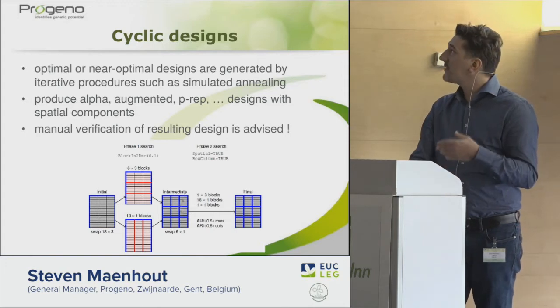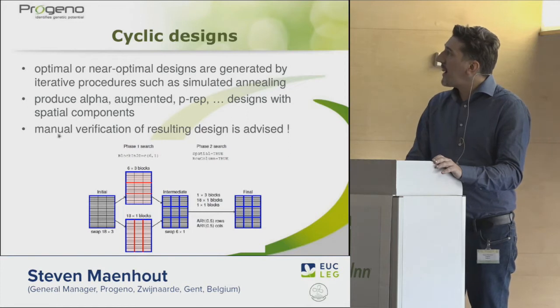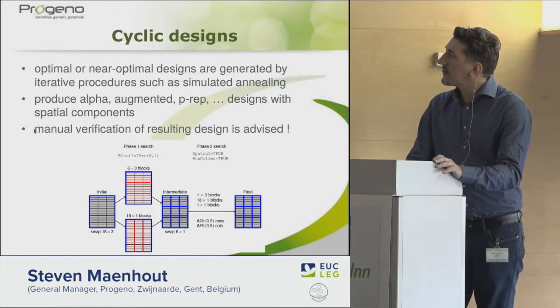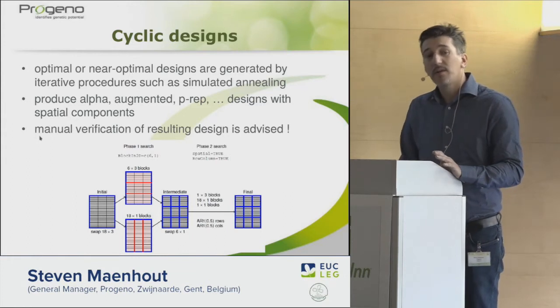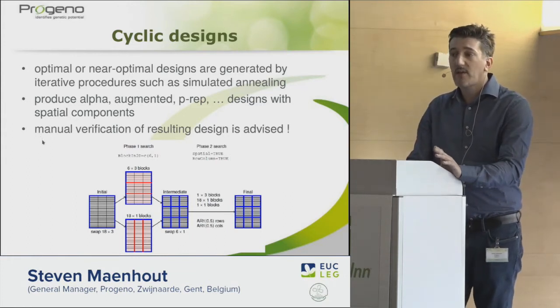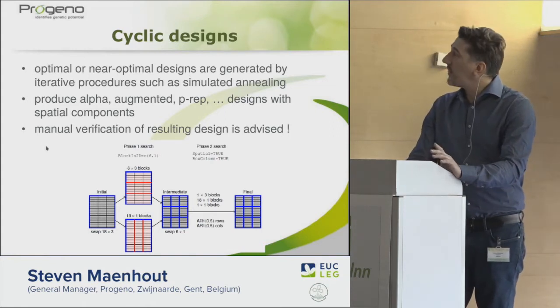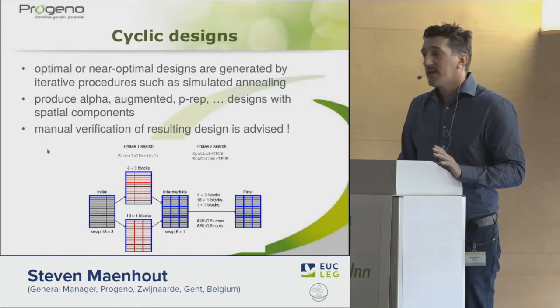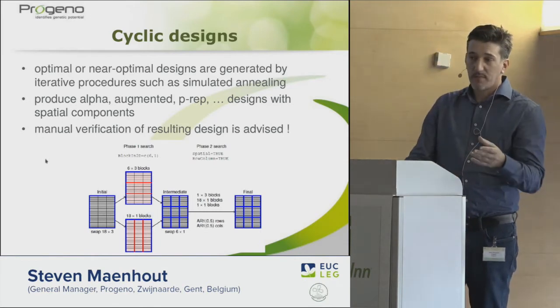They're generated using machine learning techniques like simulated annealing, and in my experience, this is not something that you want to automate completely. In almost all cases, you have to manually verify the resulting designs, often restart the iterations, and try a few times more to get a design that perfectly fits your need with a nice separation of replicated plots versus unreplicated plots.